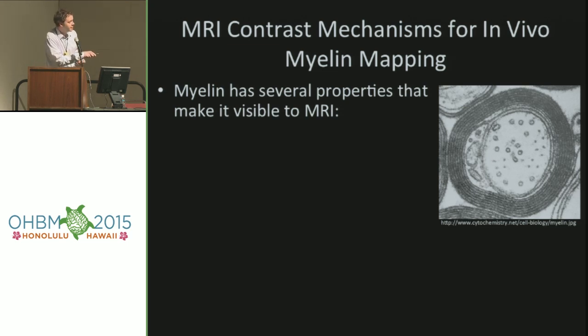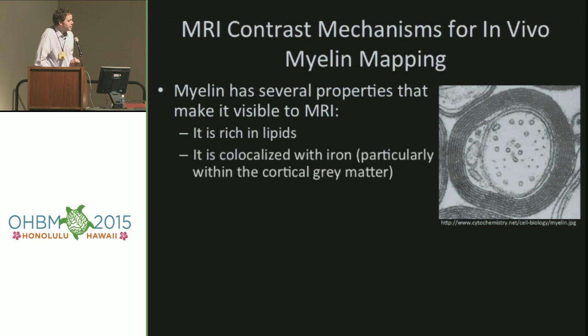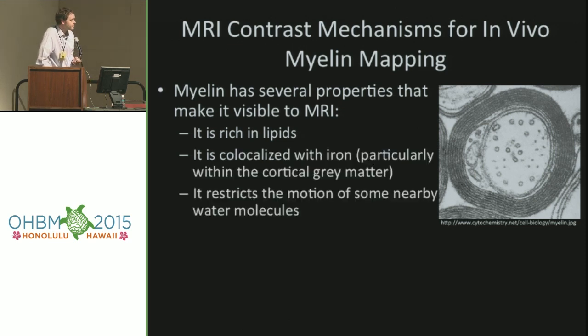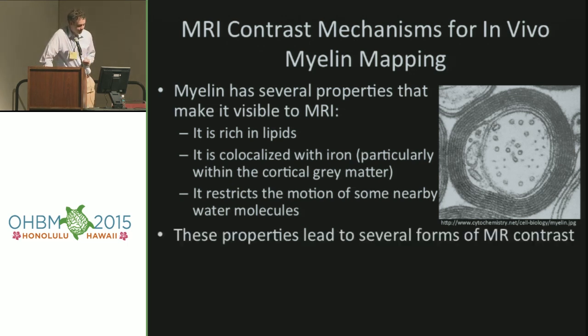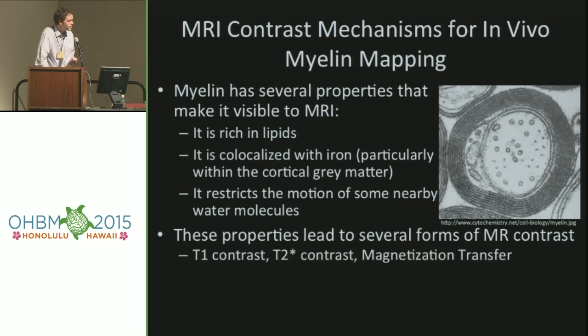So here we have a myelinated axon in EM. The myelin wrappings here are the dark stain. Myelin is rich in lipids. It's co-localized with iron, particularly within the cortical gray matter. And it restricts the motion of some nearby water molecules. These properties lead to several forms of MR contrast: T1 contrast, T2-star contrast, and magnetization transfer contrast, respectively.